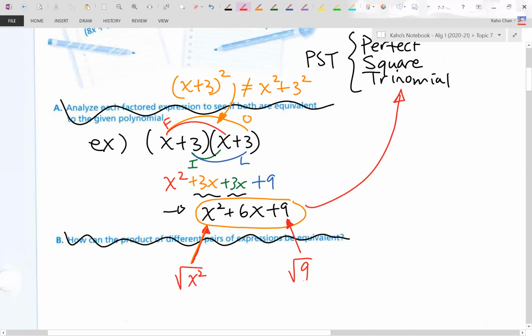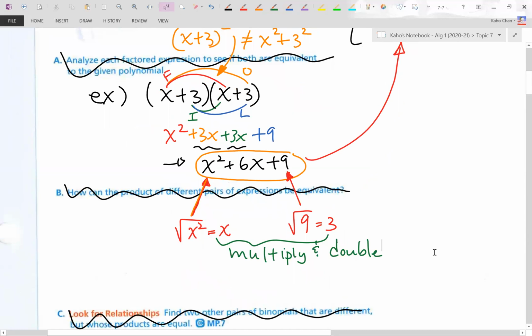And after you square root those terms, you want to multiply them together, in this case x and 3, and double it, meaning multiply by 2. When you multiply them together and double it, this is a quick mental check.